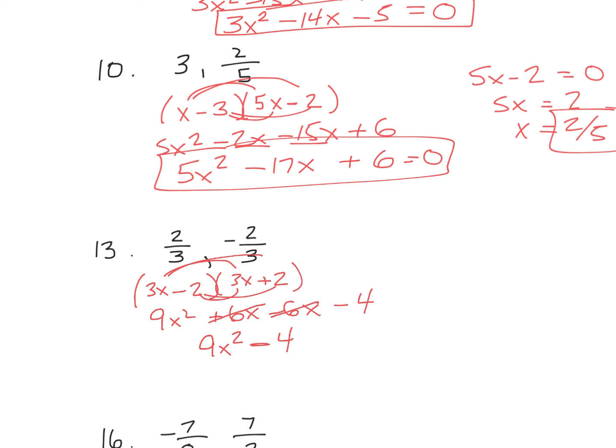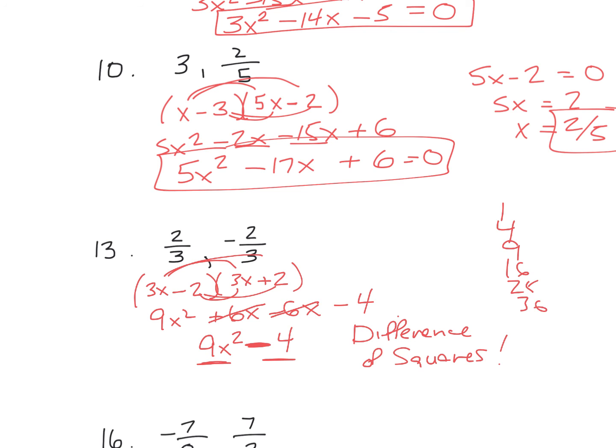So there's no b value in this quadratic. This special case is difference of squares. Because it is the difference, it is subtraction. And then we have 9 as a perfect square and 4 as a perfect square. Remember those perfect squares: 1, 4, 9, 16, 25, 36, 49, 64, 81, 100, and so on.